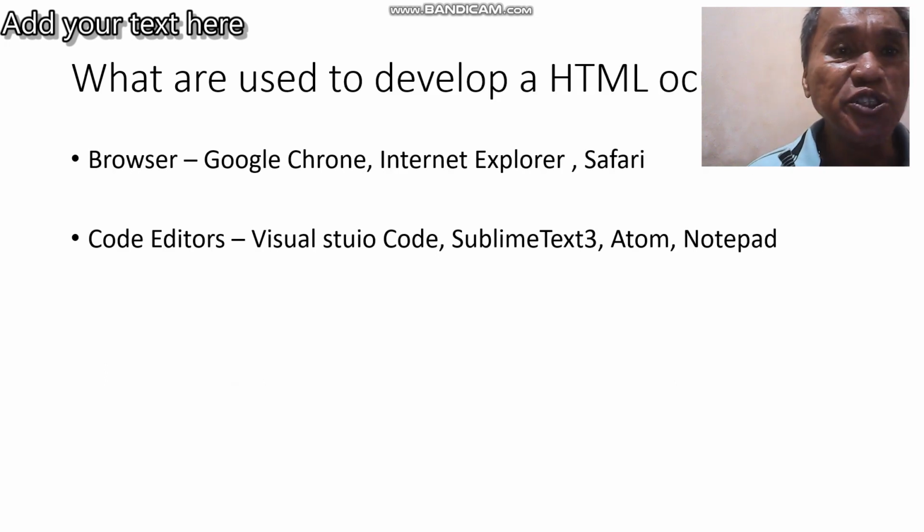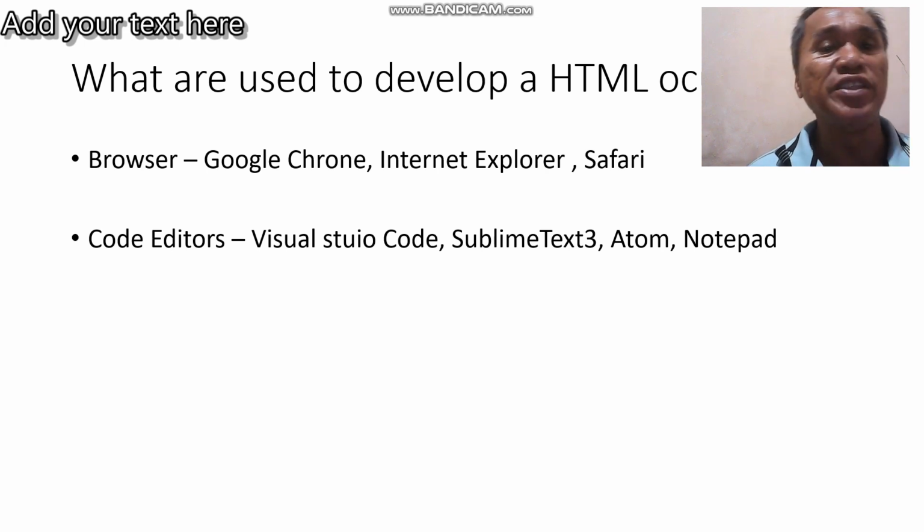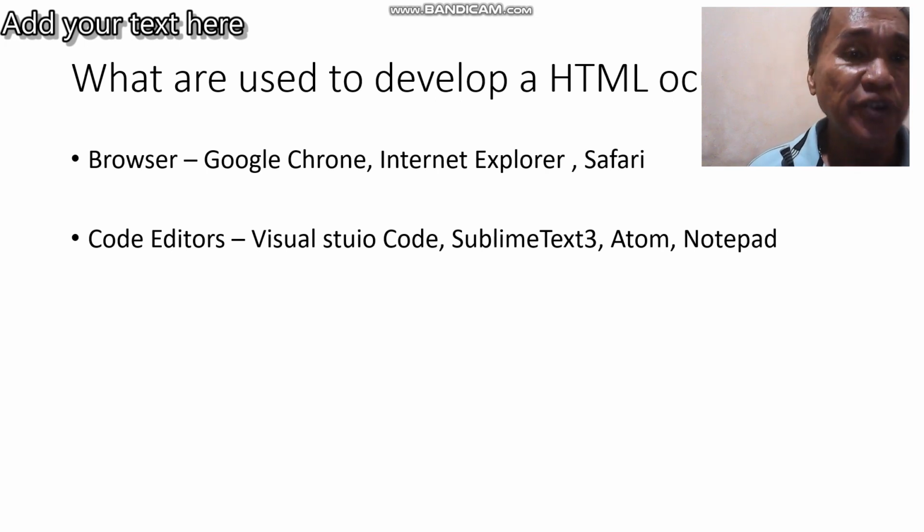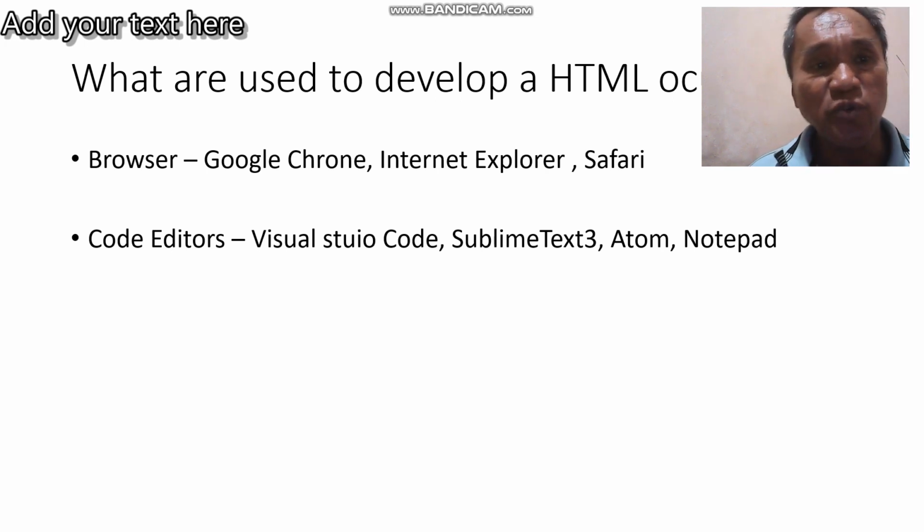Now, what is used to develop an HTML document? We have the browser. You can have Google Chrome, Internet Explorer, Safari, Microsoft Edge, and other kinds of browsers. Then you have the code editor. You must have a code editor wherein you are going to write your code.